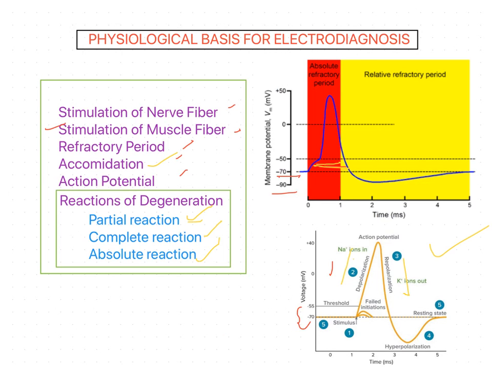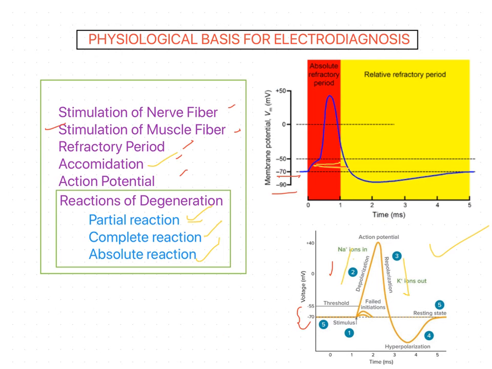For the Faradic type of current, it shows diminution of the contractile response in the case of partial reaction. If partial reaction of degeneration is less apparent with progress of time, then the prognosis is good, and it is also called partial denervation.